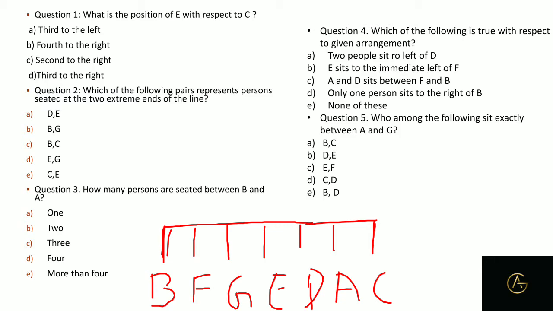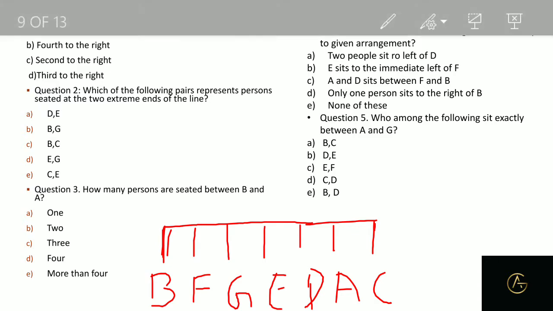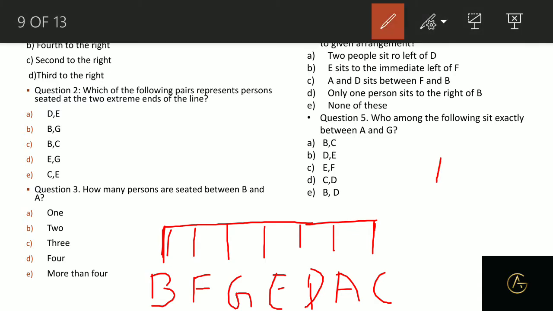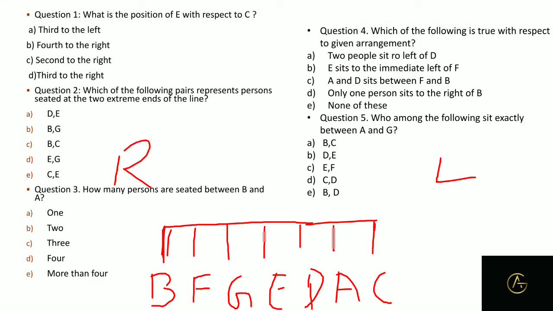What is the position of E with respect to C? Here is the left and this way is the right. With respect to C, pick the C and then say where is E according to C.